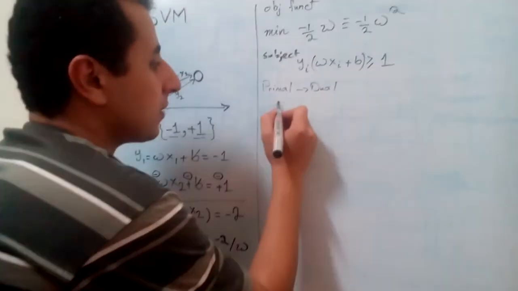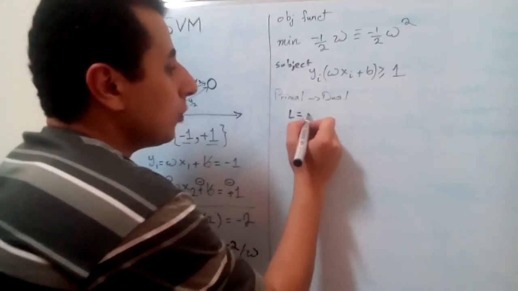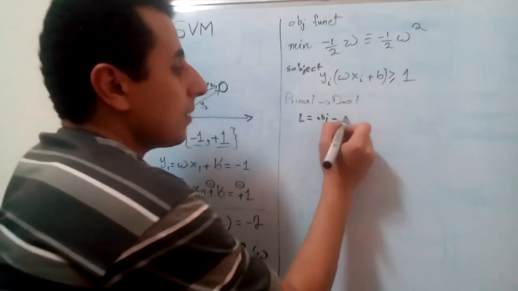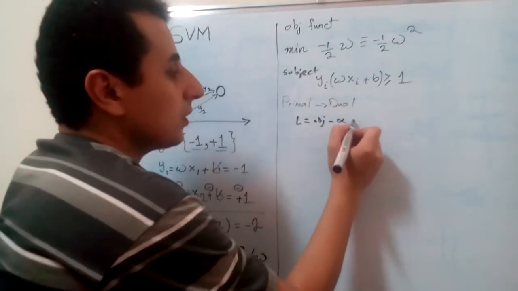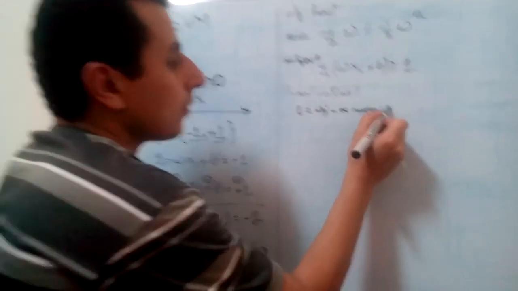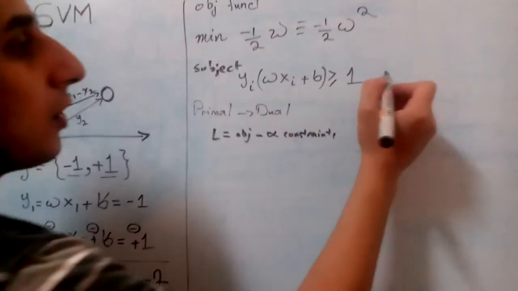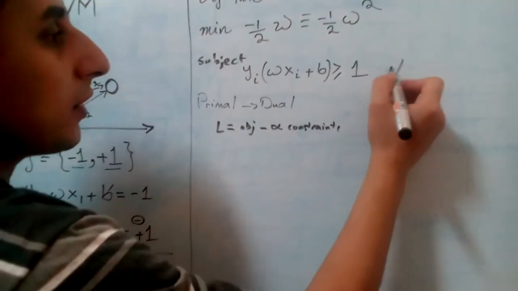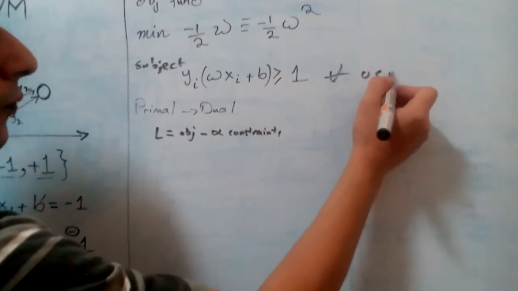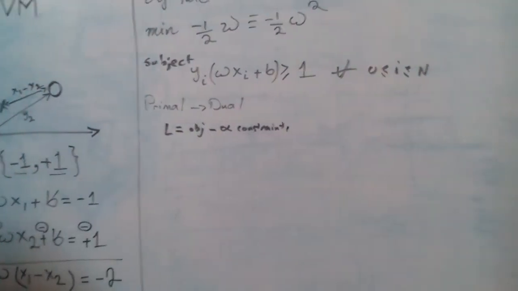The Lagrangian multiplier says that the objective function is the old objective function minus some coefficients multiplied by the constraints. So remember, in the constraints here, we have the i that goes from 0 to n, where n is the number of samples in our data set.